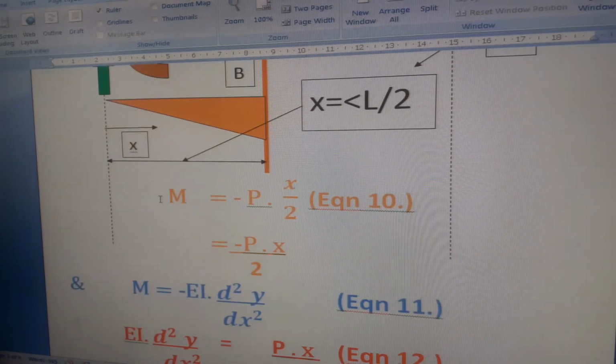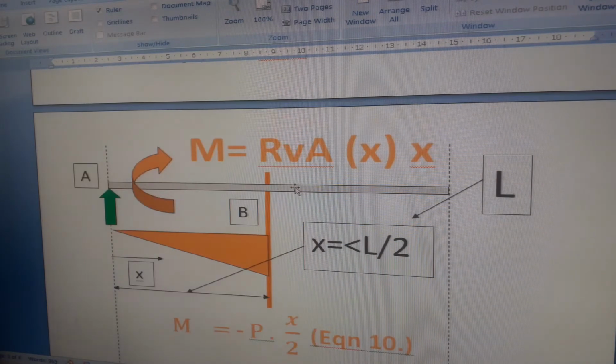So instead of having m equals minus p times x over 2, when x is greater than L over 2, then m equals minus p x over 2 plus p times (x minus L over 2), because the lever arm will then be x minus L over 2.